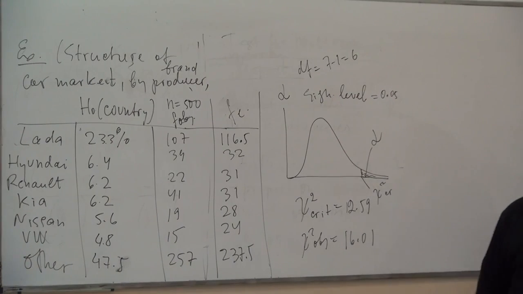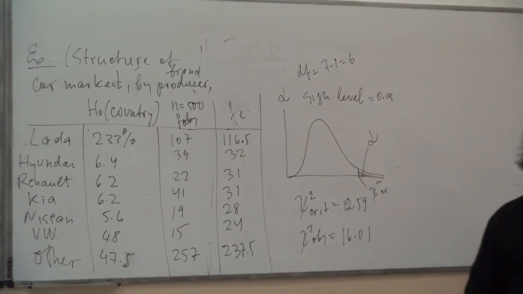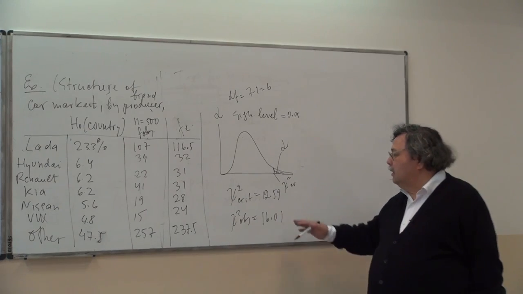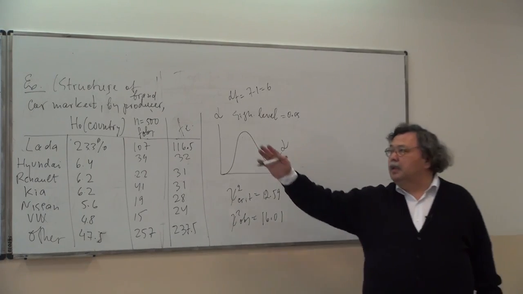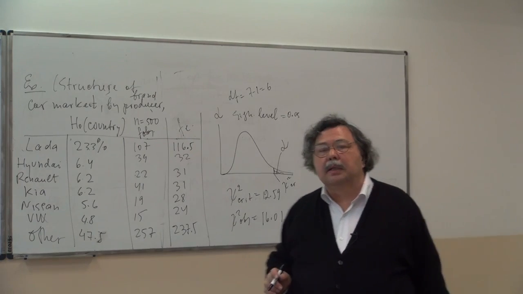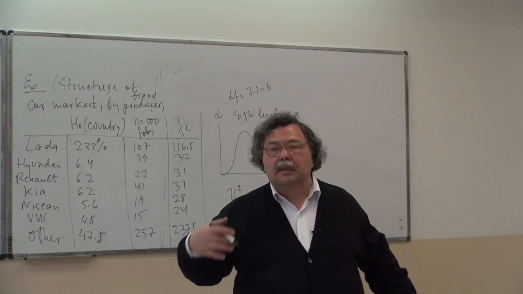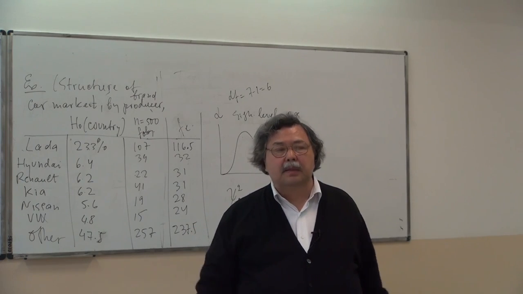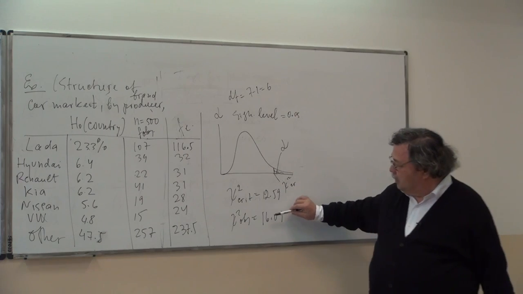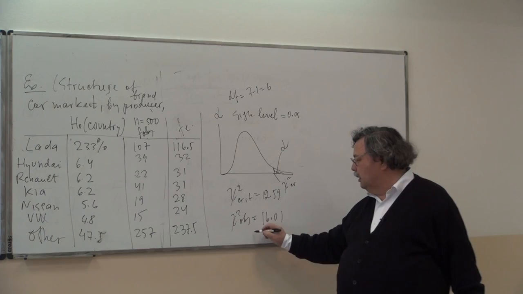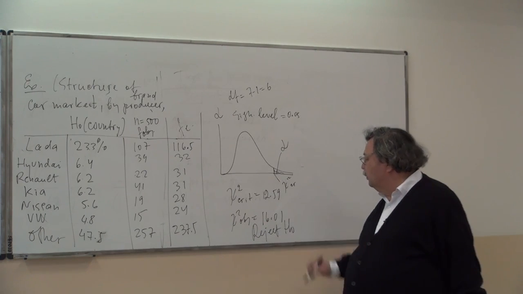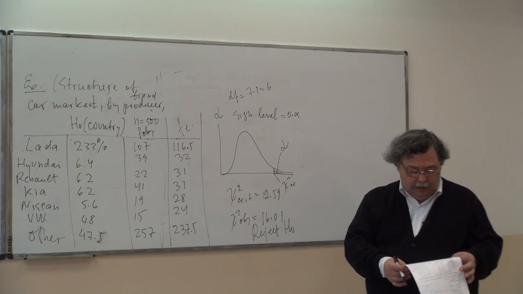Comparing the two, we say that according to this chi-squared test, the collective probability of these deviations from the hypothesized proportions is so great that we have statistical evidence enough to reject the null hypothesis, exactly because the observed value is larger than this. So the answer is this: we reject H0. Any questions here?